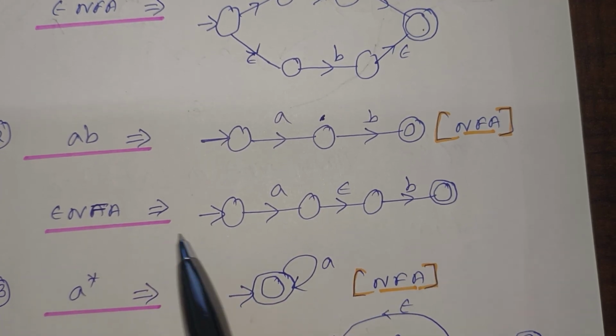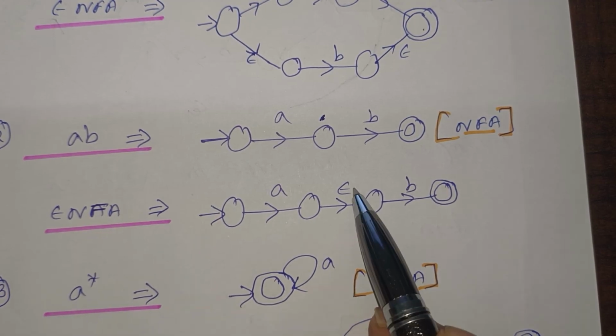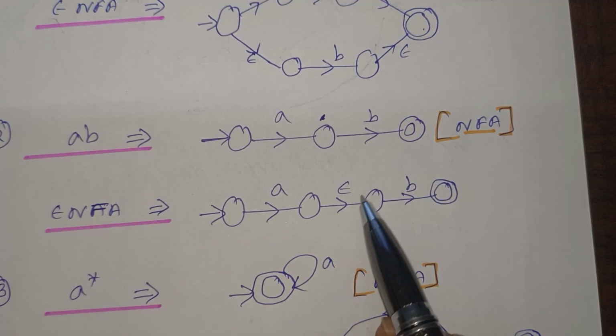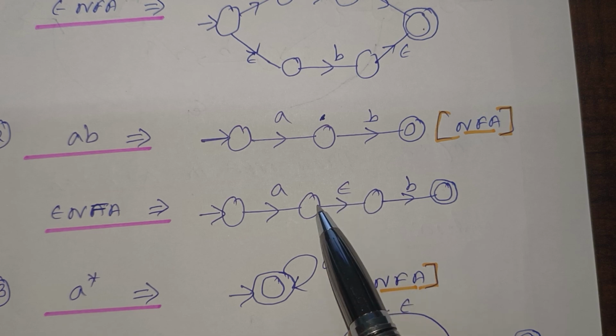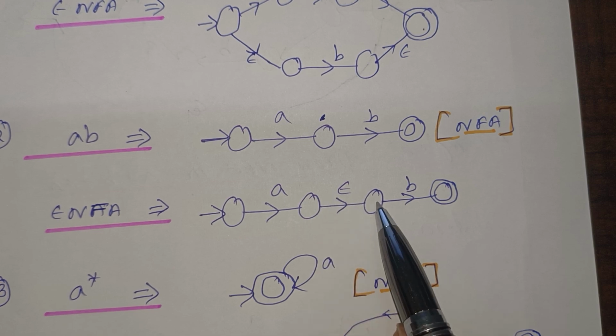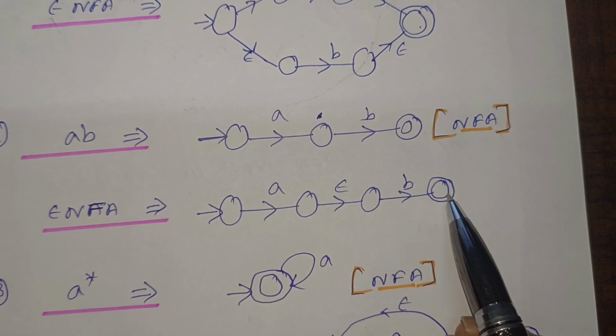Now let us see how the same input can be constructed by using epsilon NFA. The same aspects, but the only new input you can see is epsilon. As I told you already, epsilon is a null move which takes us from one state to another, and then the input is passed and it ends exactly over here.